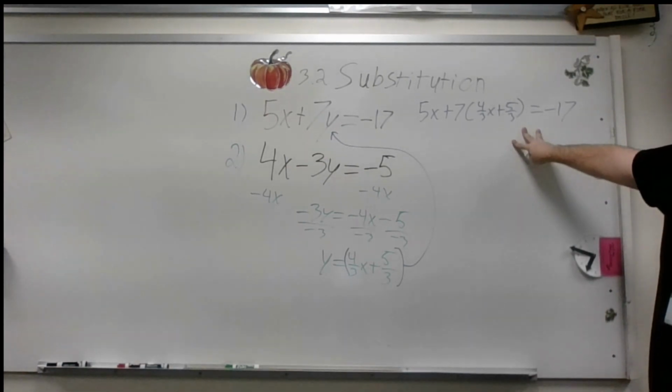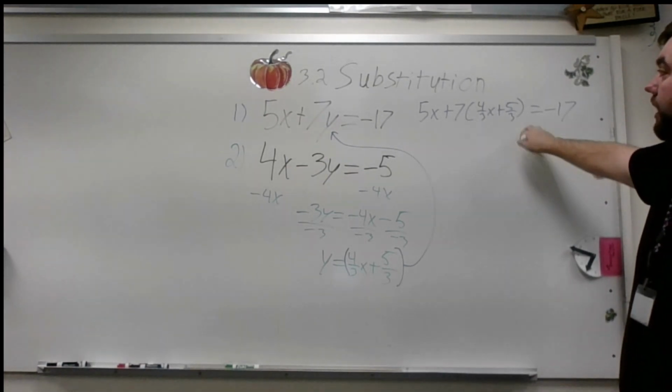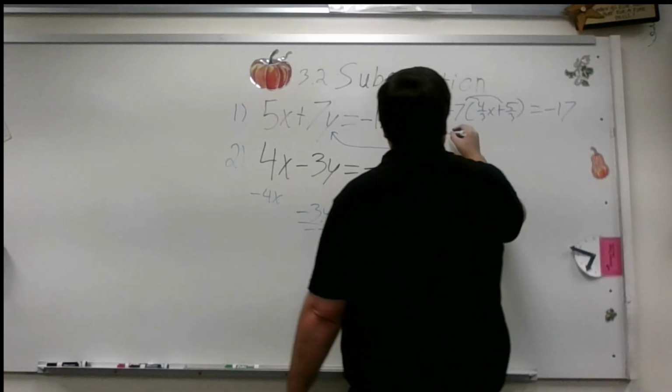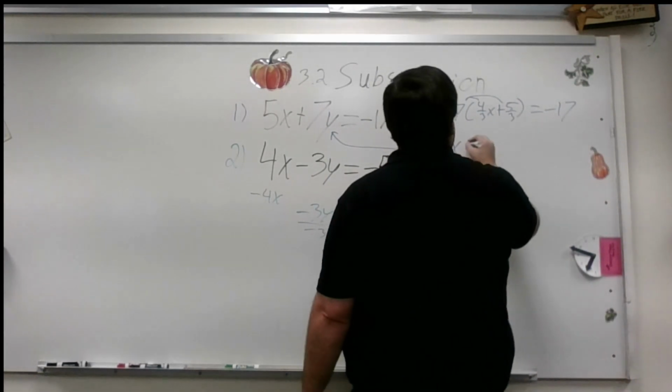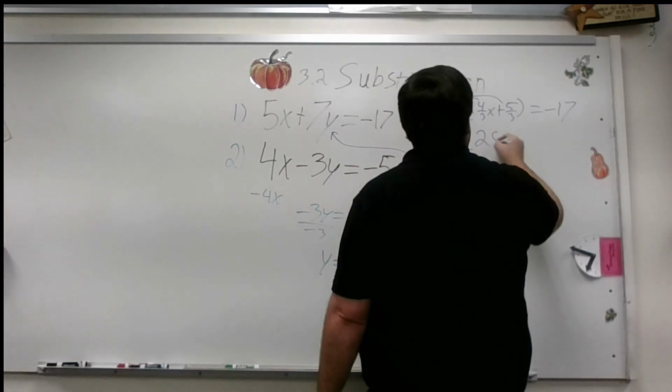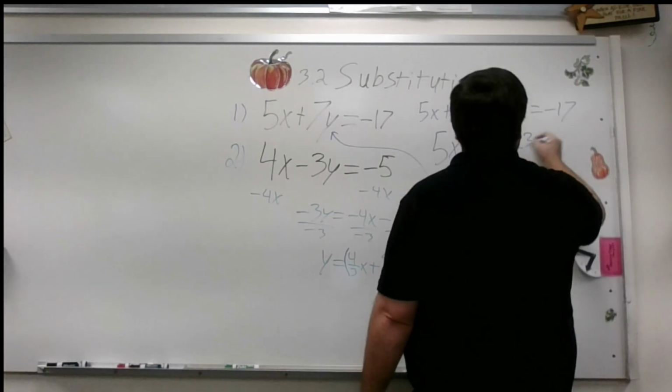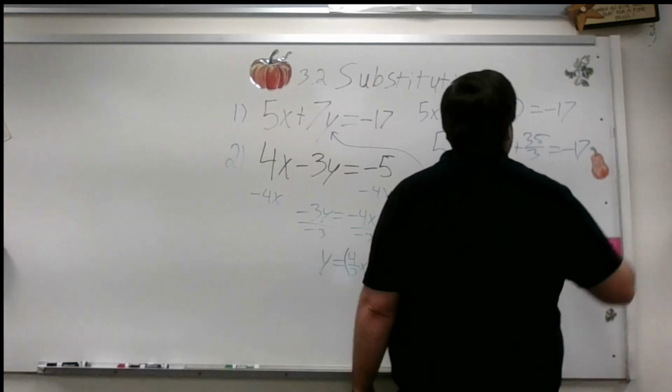Now that I have that, I distribute my 7 into my quantity. I'm going to get 5x plus 28 over 3 x plus 35 over 3 is equal to negative 17.